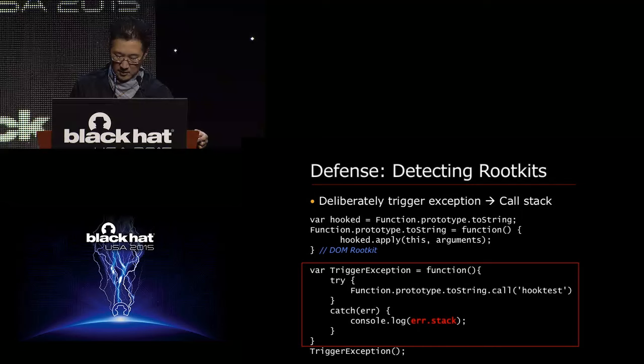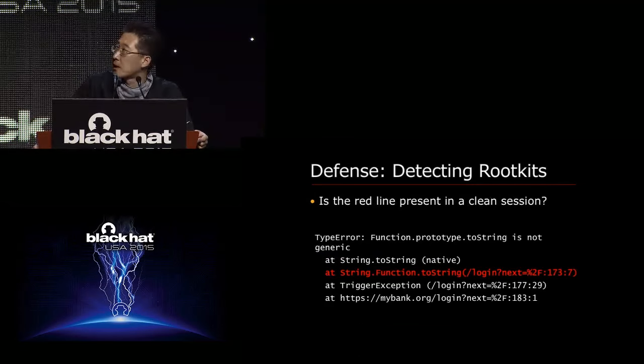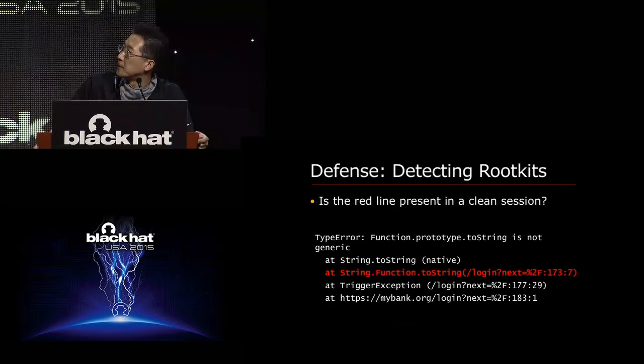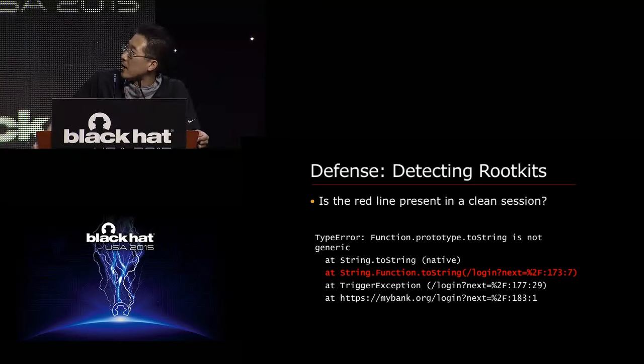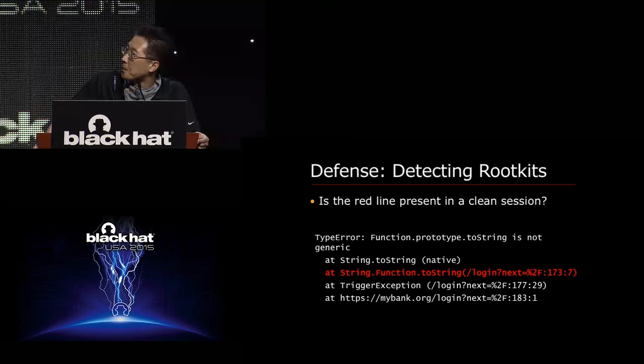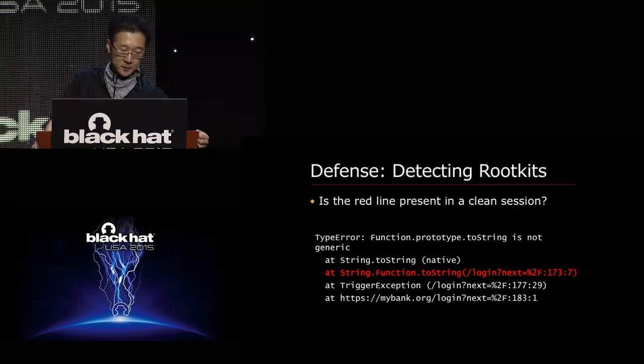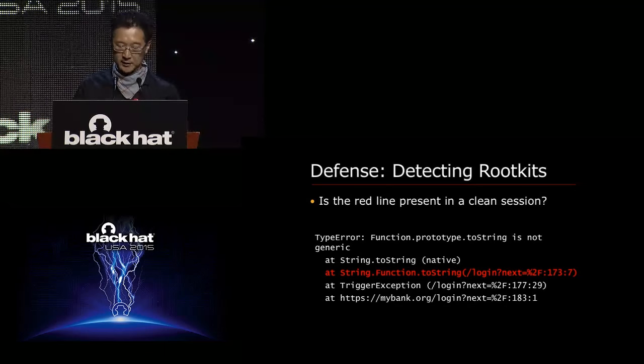If you have a look at the stack, you can see all the strings there, but in a clean session, that red line will not appear, and that function was indeed rootkitted in this particular case.